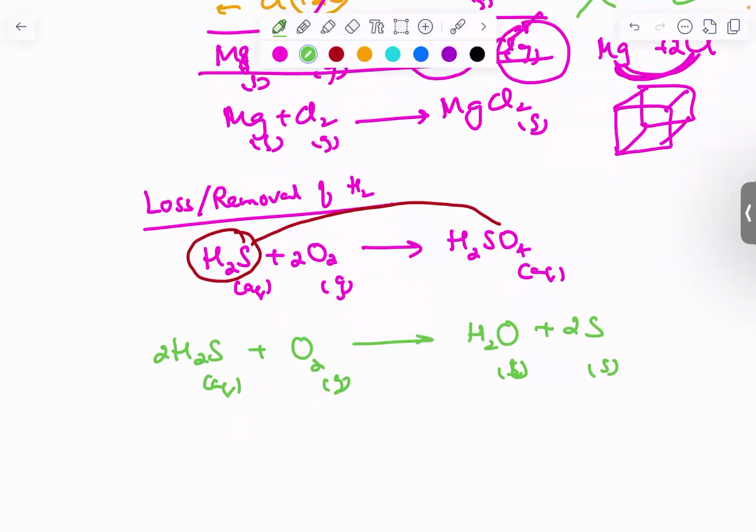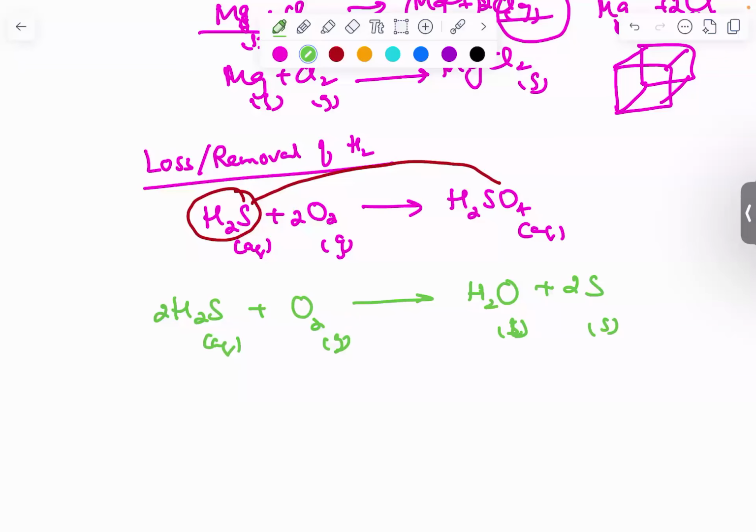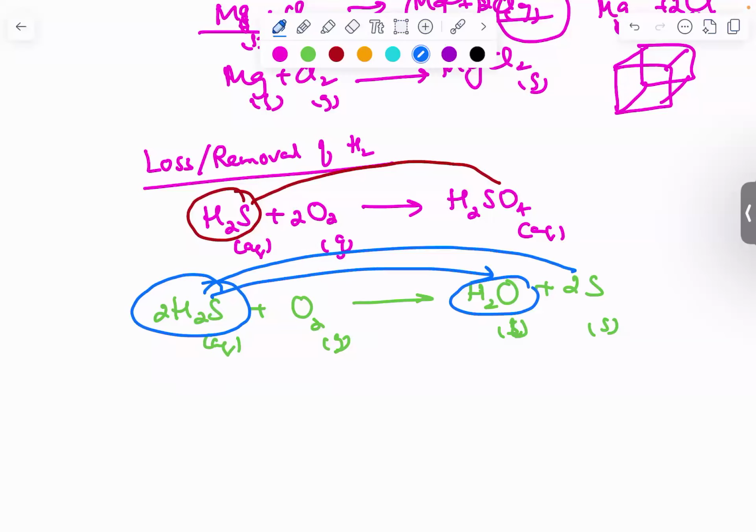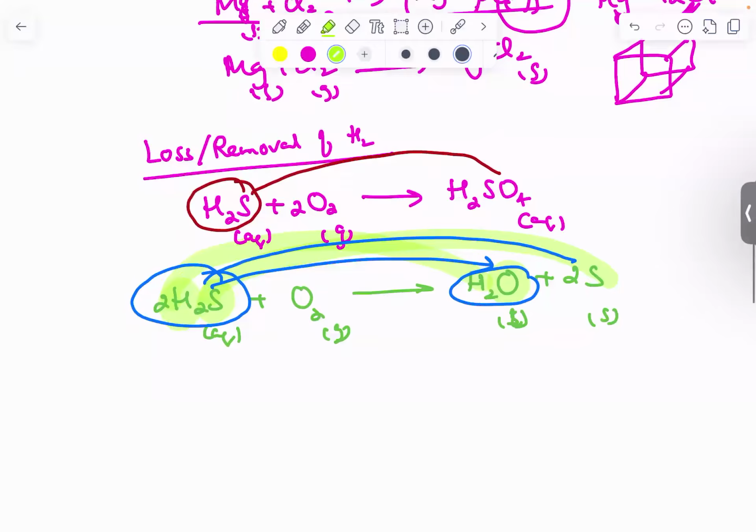Now, if you have a look, this equation gives you a clear idea. If you look at hydrogen sulfide, when you go to the product, hydrogen sulfide has changed into water. So what has been changed? S. Or you can say that hydrogen has combined with O, and then S has been given out.